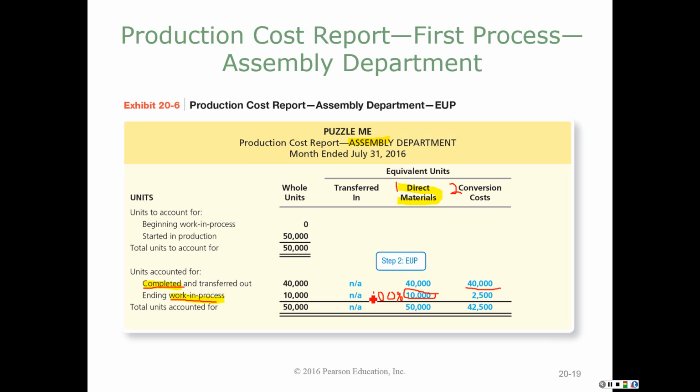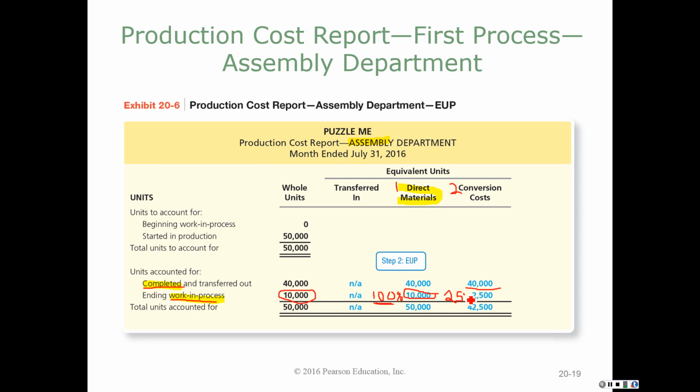Once again, we said that these 10,000 units that are in work in process have 100% of their materials cost. So for materials, it is the equivalent of having 10,000 completed units. All the materials are there. On the other hand, for the conversion cost, I think your text tells you that these units that were in work in process had only incurred 25% of the cost that they're going to incur.